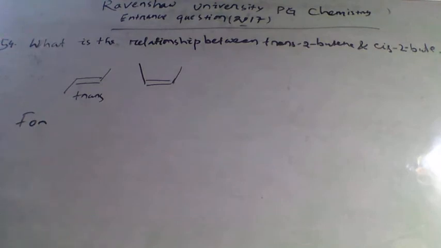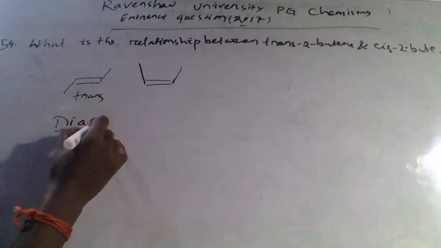You remember this point? For a geometrical isomer, the trans isomer is a diastereomer to the cis isomer. Here the relationship between trans 2-butene and cis 2-butene is diastereomer.